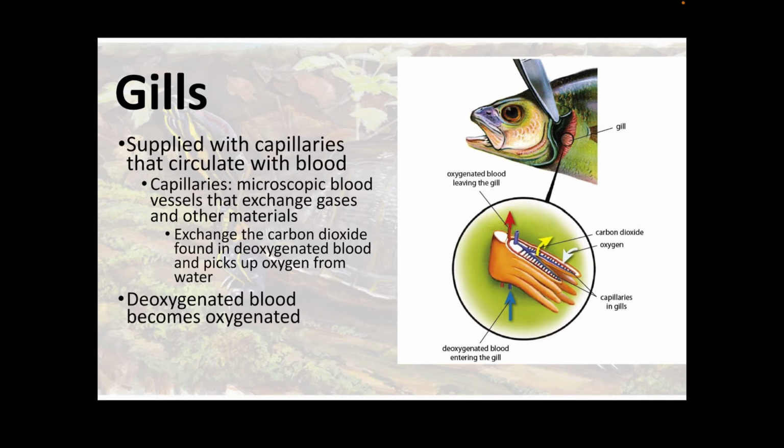Again, the capillaries carry deoxygenated blood because it's coming from the body, and then it takes the carbon dioxide from this deoxygenated blood and swaps it for the oxygen that's freshly coming in from the water. So gills, in summary, take the deoxygenated blood so that it can become oxygenated.